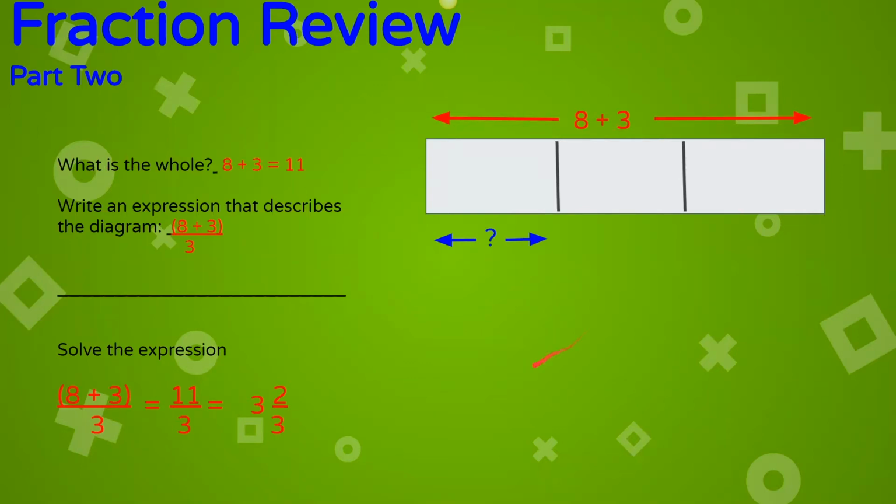So when we solve the expression, 8 plus 3, broken into 3 parts, 8 plus 3 is 11, so 11/3, and we can convert that to a mixed number. 9 is the same as 9/3, and we have 2/3 left over. So your expression solution should look something like this. Here's your improper fraction, and this would be the mixed number.